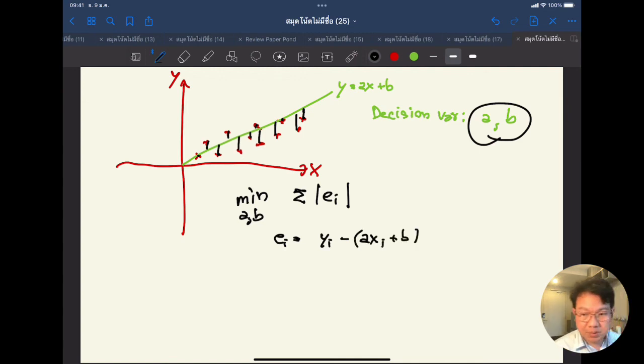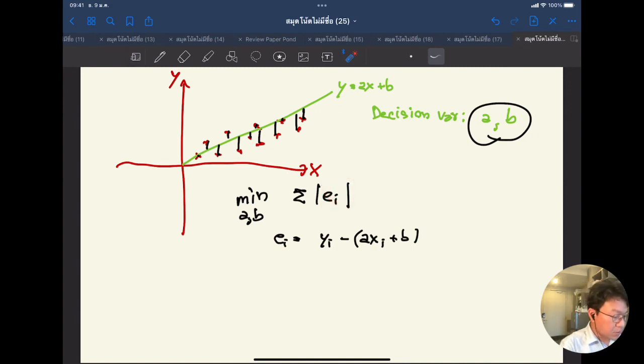Where a and b are our decision variables, and you see that x is our input of our data set, and y is our output of our data set. In our problem we have 19 points, right? So we have E1 to E19. So you have to sum all these things, the sum of the absolute value of the error.